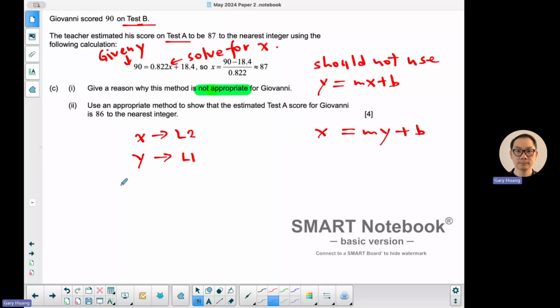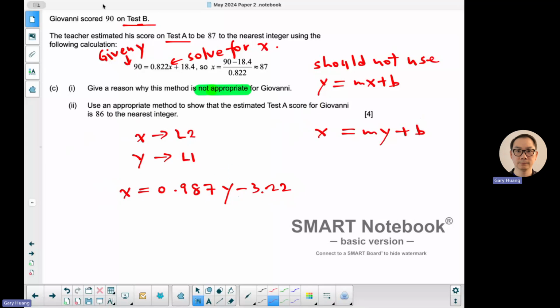So the new regression line should be, if we round it to 3 sig fig, X is equal to 0.987Y minus 3.22.